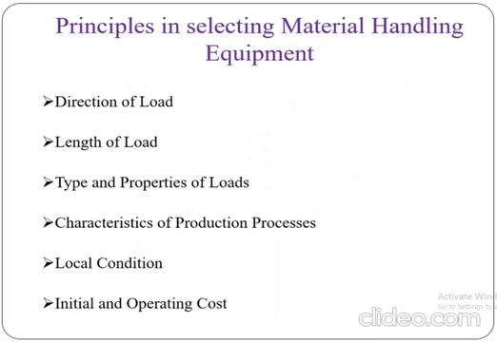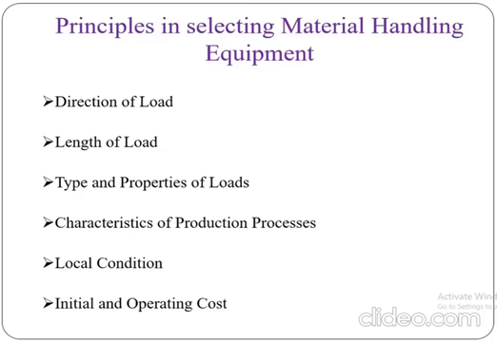Then the principles of selecting the material handling system. The first principle is the direction of load. The direction of load is very important while selecting the material handling system, as well as the length of load.